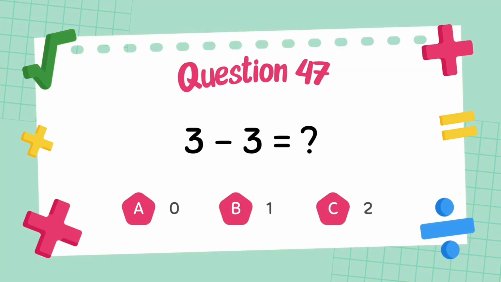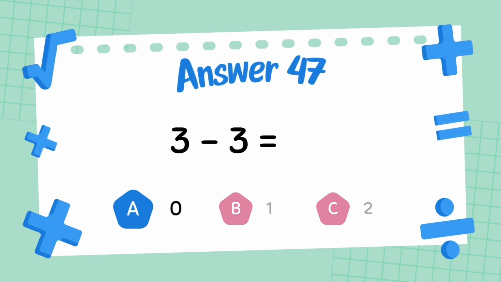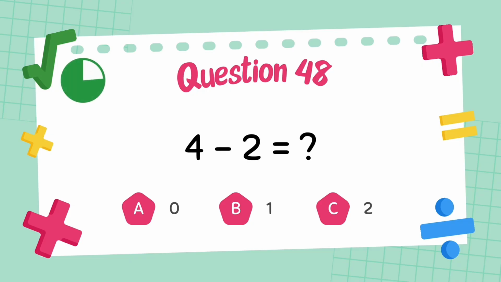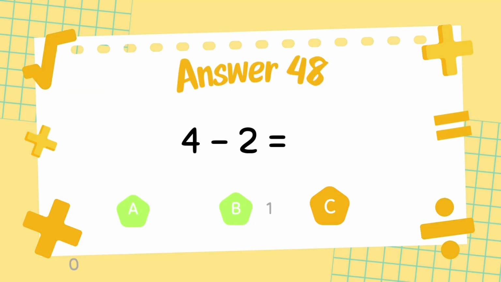What is 3 minus 3? The answer is 0. What is 4 minus 2? The answer is 2.